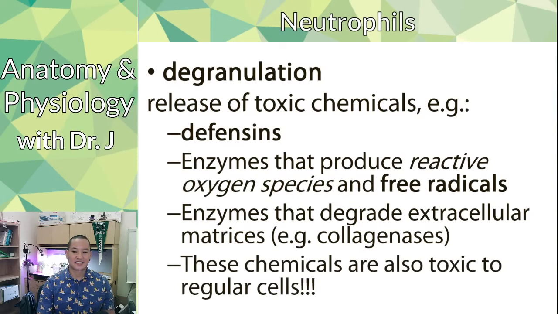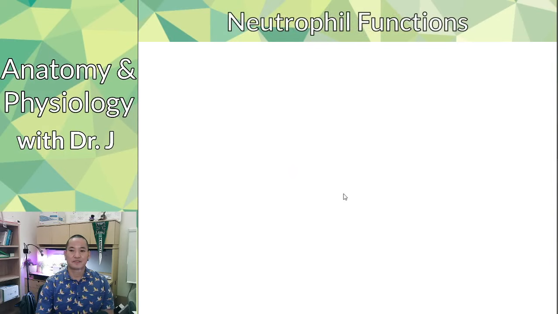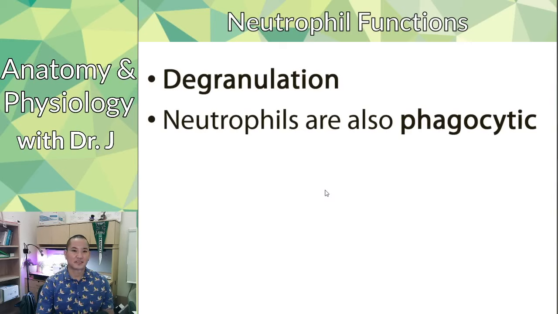But the thing is that you have collagen that your body naturally produces. So when these neutrophils degranulate and release these chemicals, it's also pretty caustic to the normal cells in your tissues. And this is part of the reason why whenever you have an immune response, you also have a lot of pain associated with it. Now, neutrophil functions: degranulation, releasing those chemicals, but they're also phagocytic, so they can engulf pathogens and get rid of them that way.